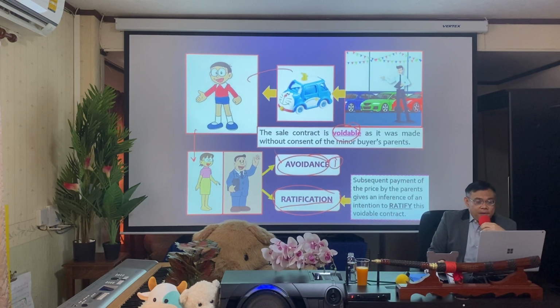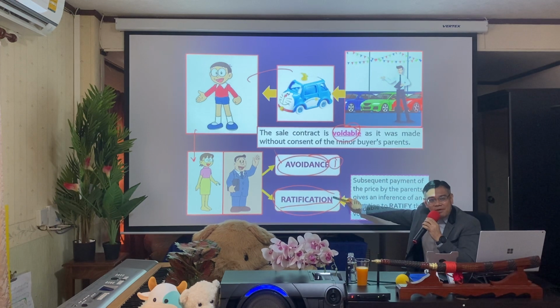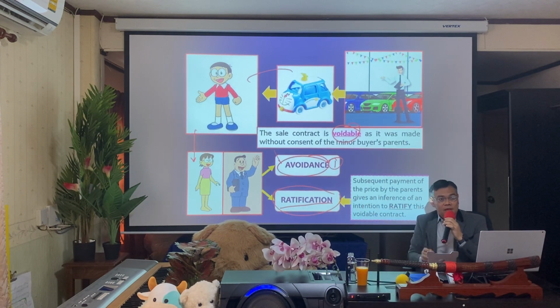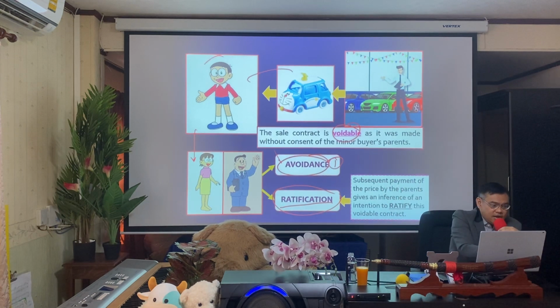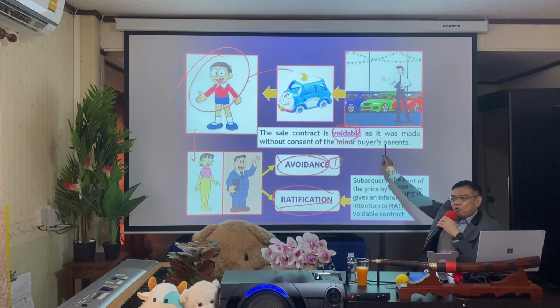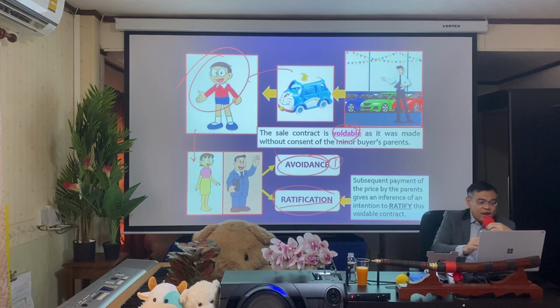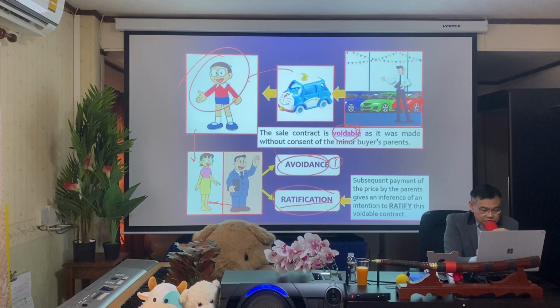Let's suppose that the parents did not give any ratification directly. But let's suppose that in this case, this child has not yet made payment. So this child has bought this car without making payment yet. When the parents knew about this purchase, the parents just decided to pay the price.